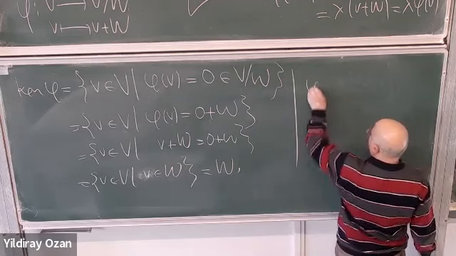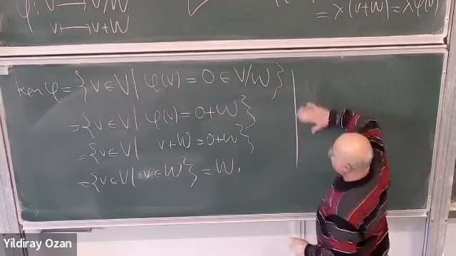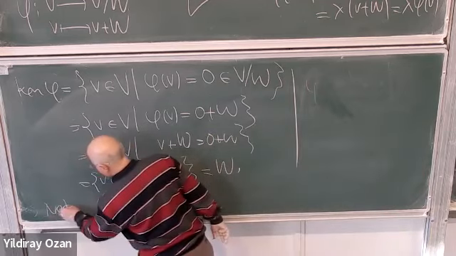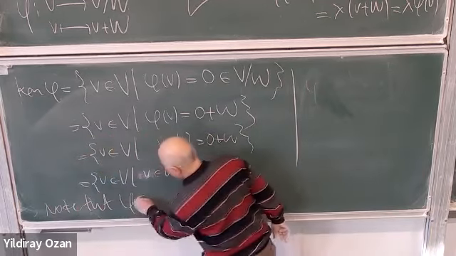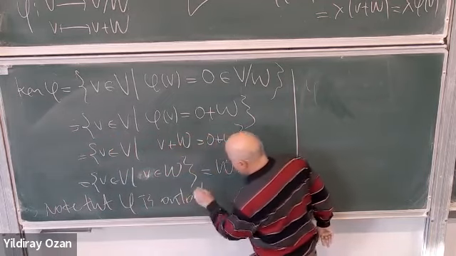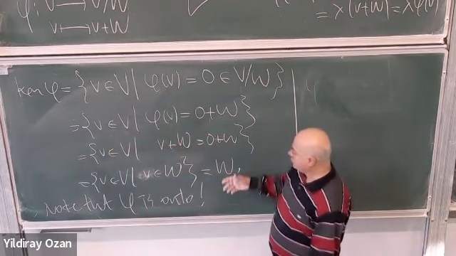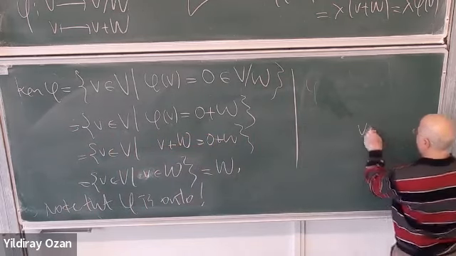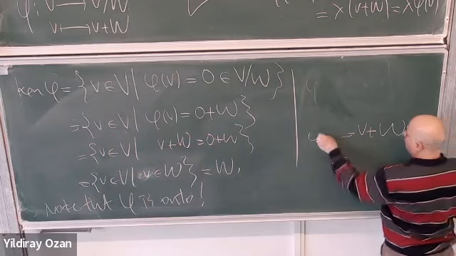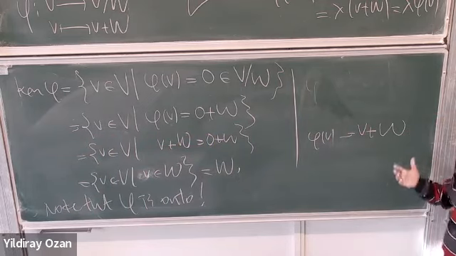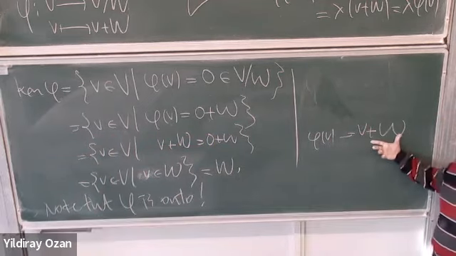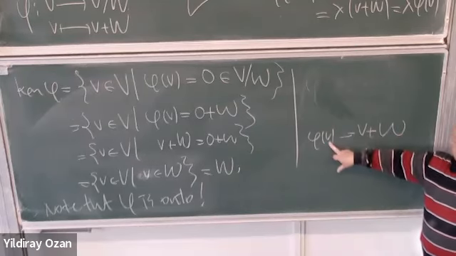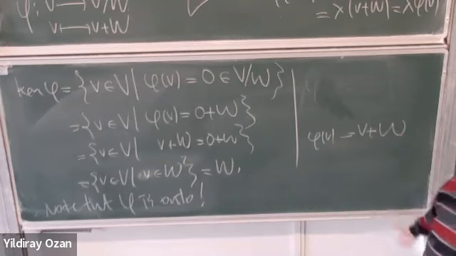So this is a homomorphism, and it is onto. Note that phi is onto because any element of the quotient vector space has this form, and this is just the image of V. Therefore, phi is onto.